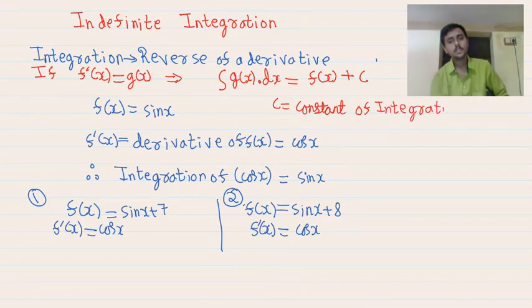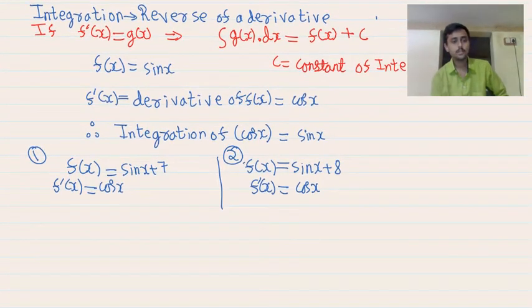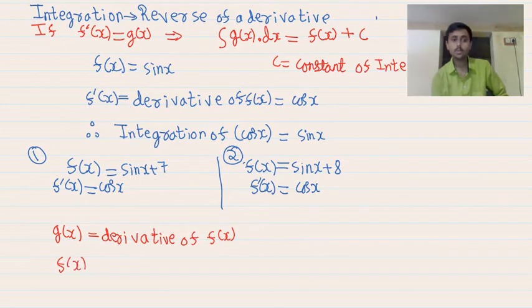Now, there are a few words which we need to keep in mind here. First of all, g(x) is the derivative of f(x), and f(x) is the original function. We can also call it the antiderivative of g(x). As g(x) was the derivative of f(x), so f(x) will be the antiderivative of g(x).